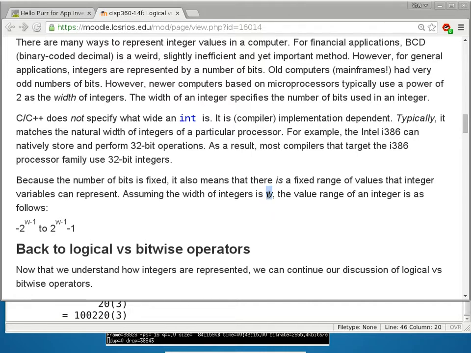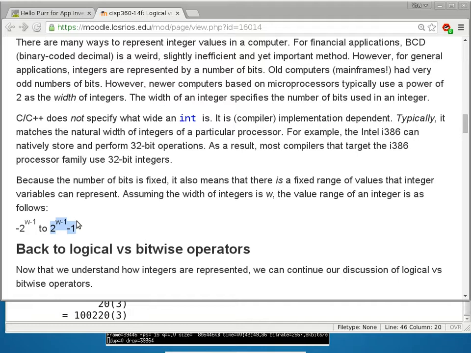Knowing that there are W bits in a number, the most negative value you can represent is -2 to the power of W minus 1, and the most positive value you can represent is 2 to the power of W minus 1, and then minus 1 again. The minus 1 is there because 0 is also taking up one spot. So that's why we can only go up to that power of 2 minus 1. Any questions about this part?